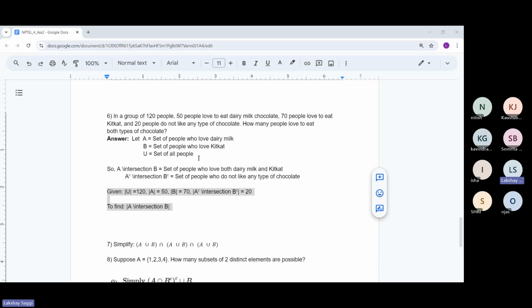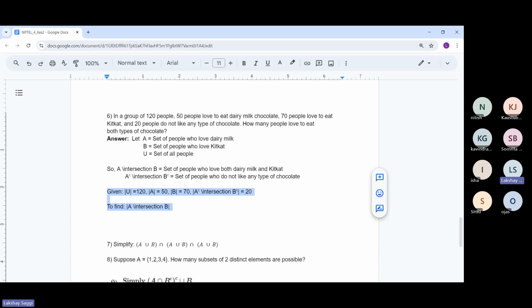Ojas has actually written the answer. Ojas is writing that 100 people love chocolates, 70 people love Kit Kat, 50 people love Dairy Milk. Total number of people who love chocolates is 120, but the limit is 100 people.